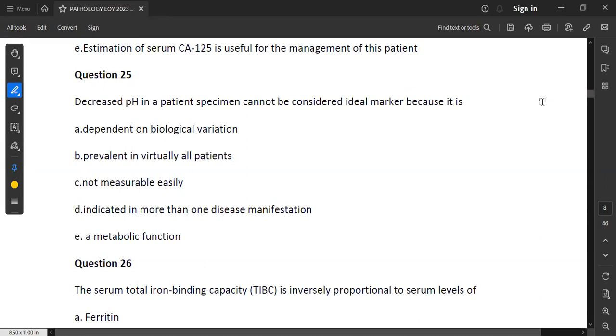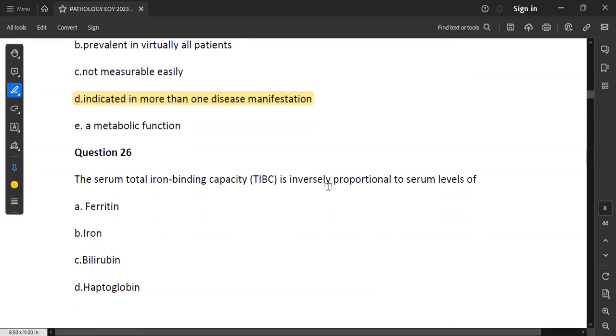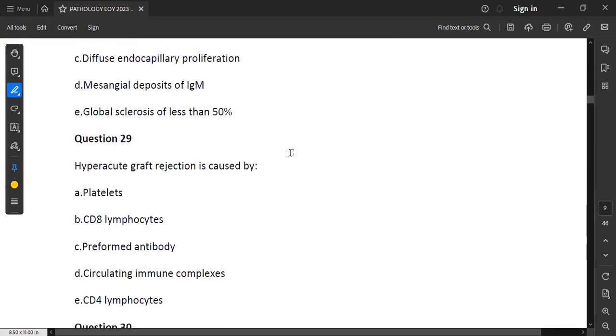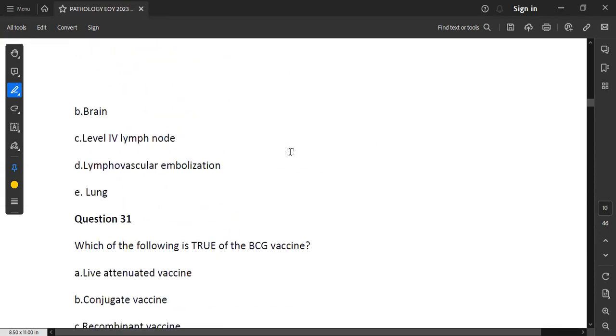Yes, it's D, indicated in more than one disease manifestation. Yeah. So we go to the next one. This one is straightforward. Should we go through it? Yeah, it's just D. We go to question 42.